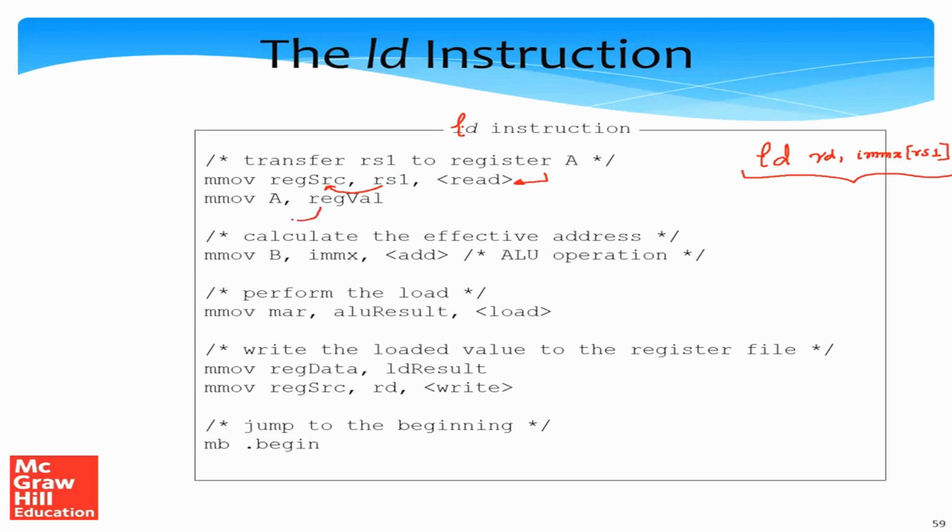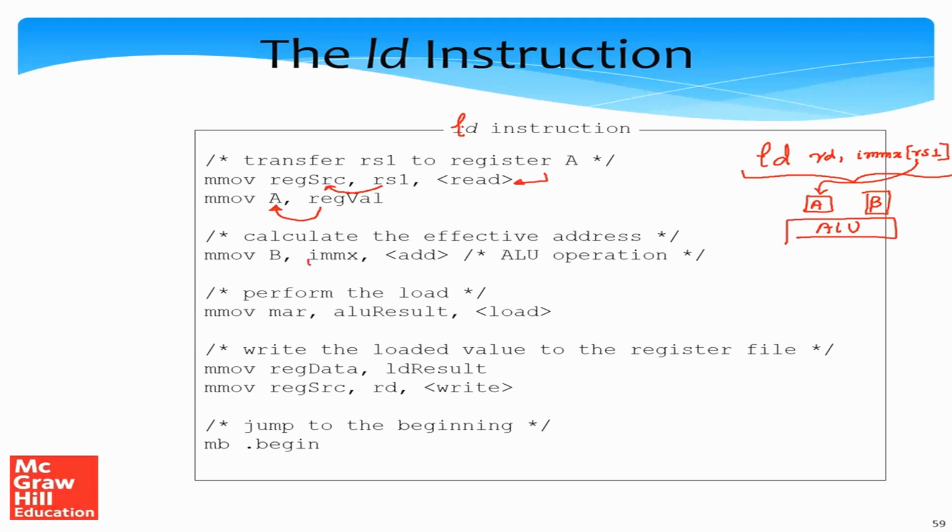So what we do is we transfer this to the ALU, which has two operands A and B. One of the operands is the contents of RS1. Subsequently, we calculate the effective address, which is basically the contents of the register whose ID is in RS1, plus MX.